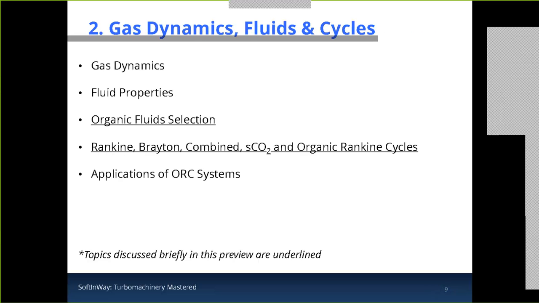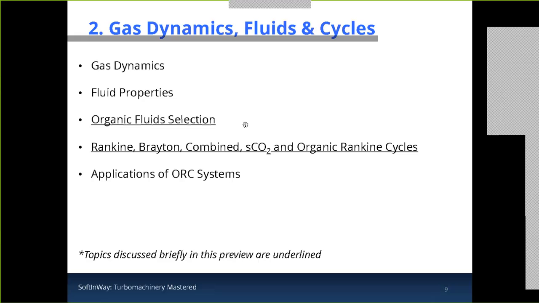The second chapter deals more with fluid properties, so both gas dynamics, fluid properties, and cycle applications. One of the big topics that we're going to be discussing is going to be the organic fluid selection, which is going to be one of the most crucial criteria regarding organic Rankine cycles.